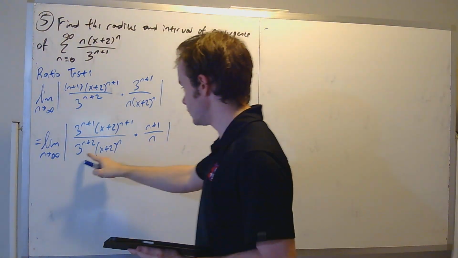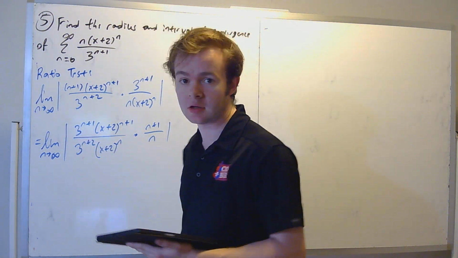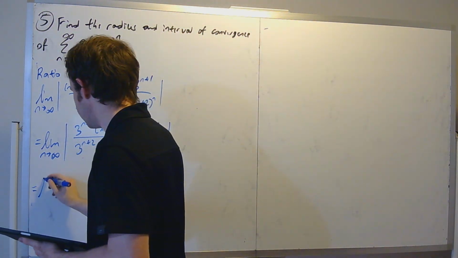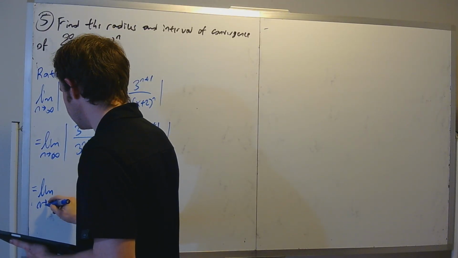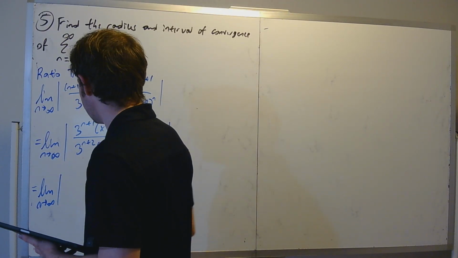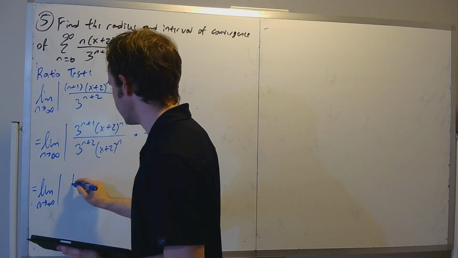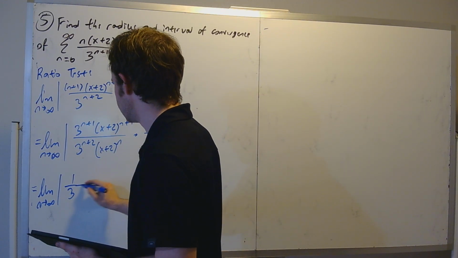Here, if you just factor out a 3, then you can cancel 3 to the n plus 1. So we're going to write this as the limit as n goes to infinity of the absolute value of, cancel out 3 to the n plus 1, you get a third.